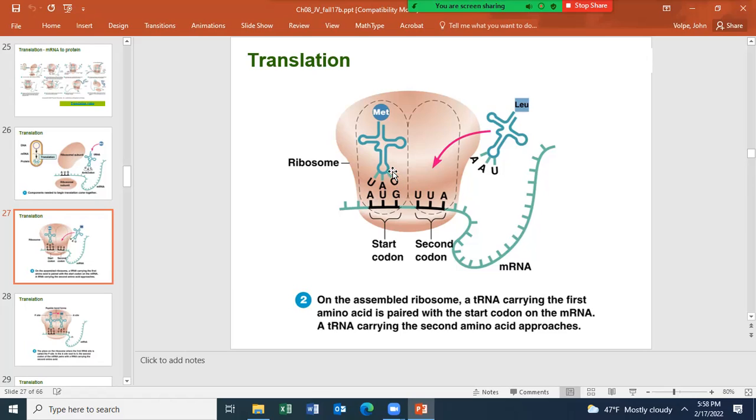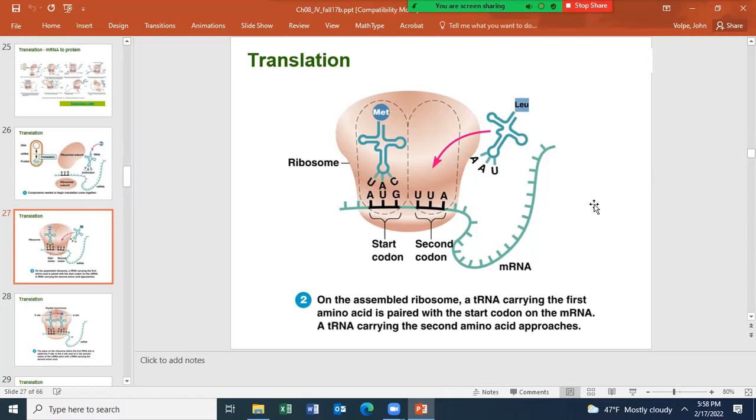And the first tRNA brings in the first amino acid, which is always methionine. It is the ribosome that moves down the messenger RNA until the AUG. And then the first spot in the ribosome opens up over the AUG so the tRNA can come in and bind.